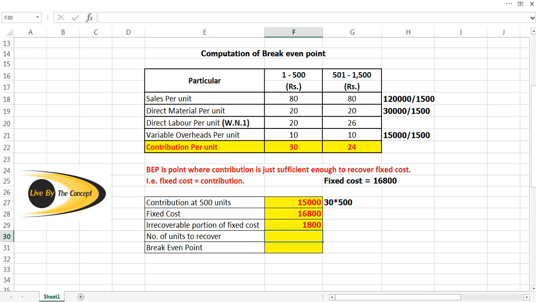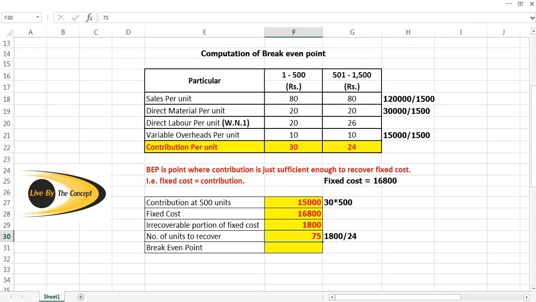Now this 1800 will be recovered from the second bracket, and in the second bracket the contribution is rupees 24. So in that case it is 1800 divided by 24. So in the second bracket you will be selling 75 units.